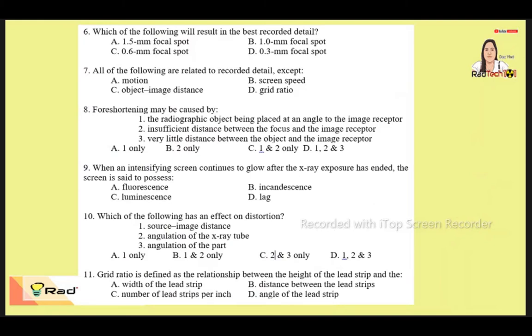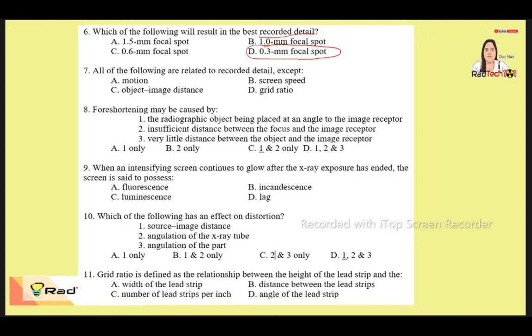So, next, number 6. Which of the following will result in the best recorded detail? So, the best recorded detail can be obtained using the smallest focal spot available. So, this one. Ito yung pinakamaliit na focal spot size.